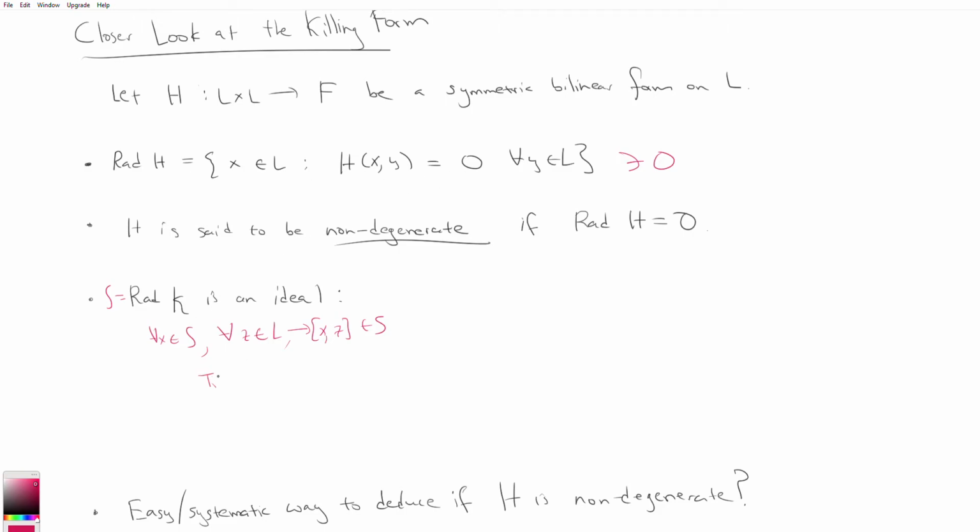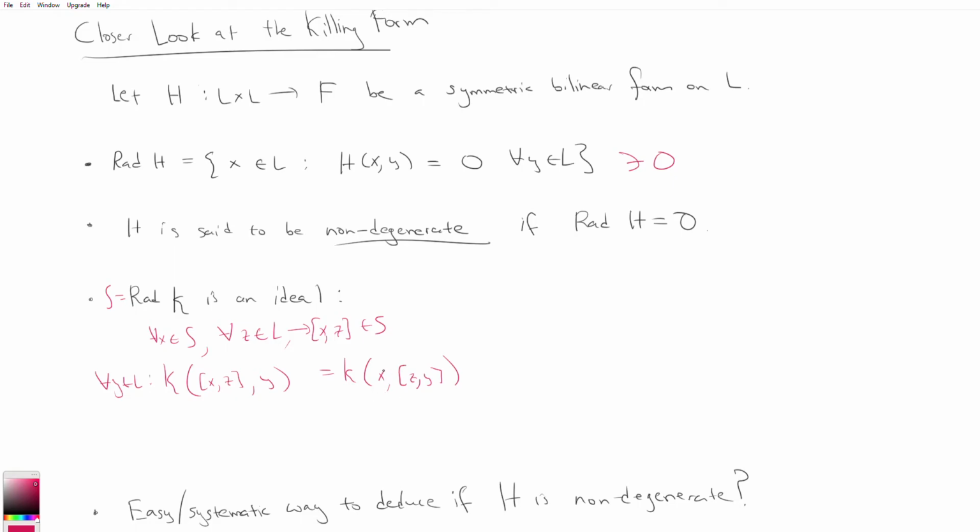Let's not invoke the trace. We already have our associativity of kappa. For any y in L, kappa of x bracket z with y is equal to kappa of x with z bracket y. This is the associativity of kappa that we saw.